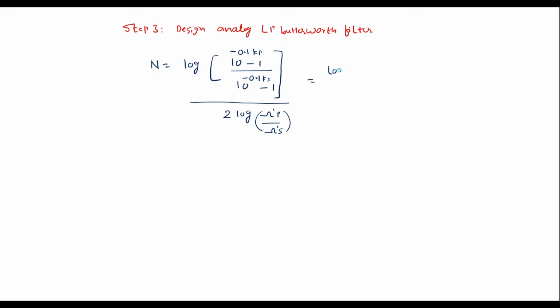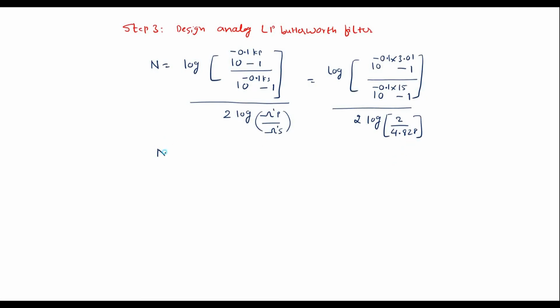Substituting the values, I can write log of (10 power minus 0.1 into 3.01 minus 1) divided by (10 power minus 0.1 into Ks value 15 minus 1), divided by 2 log of omega dash p is 2 and omega dash s is 4.828.